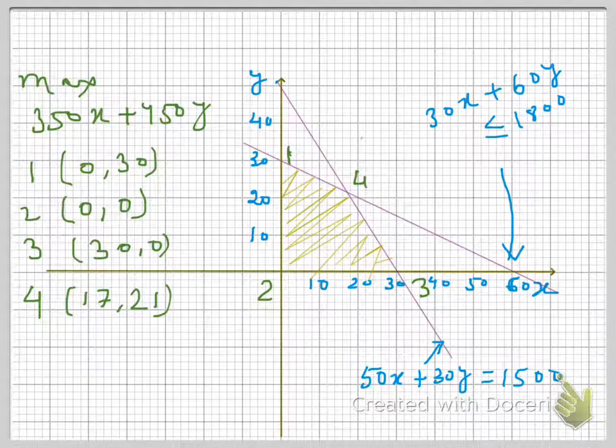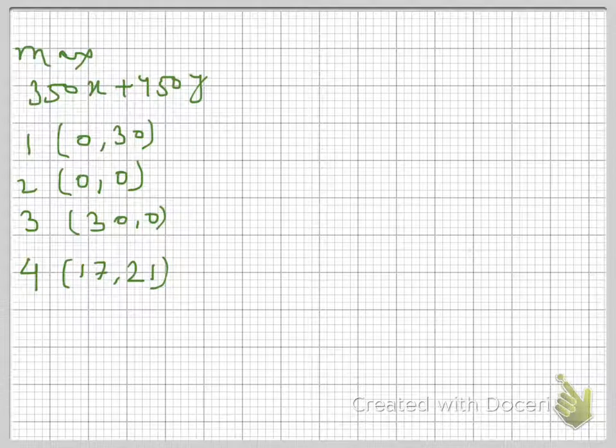Let us evaluate for these points, that is 0, 30, 0, 0, 30, 0 and 17, 21, where 350x plus 450y, which is the objective function, gives us the highest value. This option 0, 30 is equivalent to producing product B in 30 units and product A in 0 units.